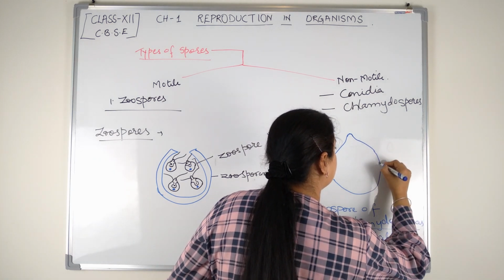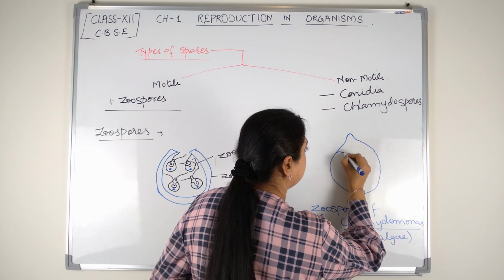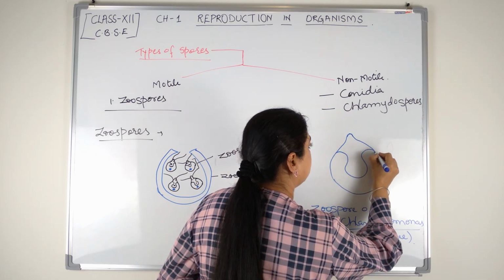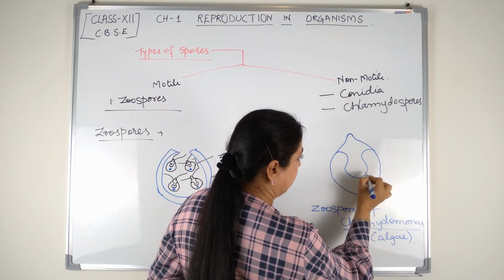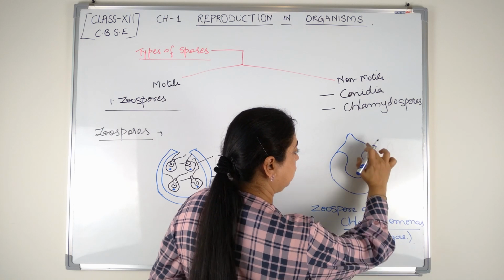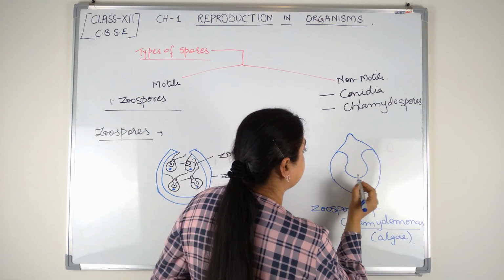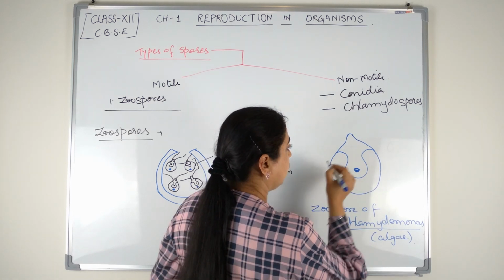Inside there is a chloroplast, this portion. Inside there is a cup-shaped structure, right? This is a chloroplast. This structure is a nucleus.